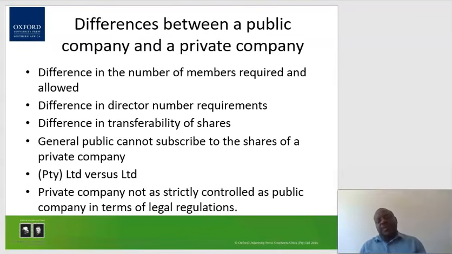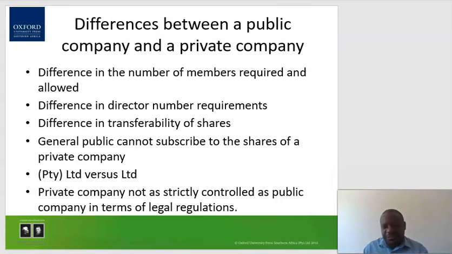In terms of companies, for purposes of this course, it is also necessary and important to realize that there are differences between public companies and private companies. So as you read your textbook, it is important to note the differences in terms of the number of members that is required and allowed for each of those.